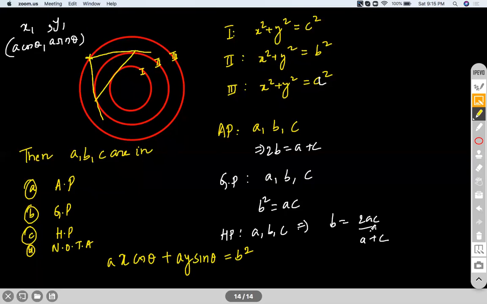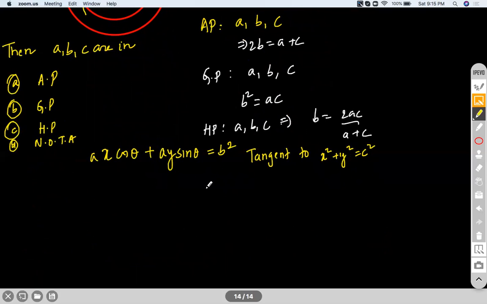Now this line is a tangent to the innermost circle, which is x square plus y square is equal to c square. What is the condition of tangency?